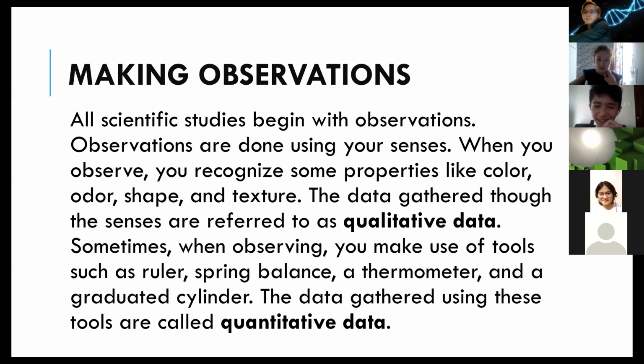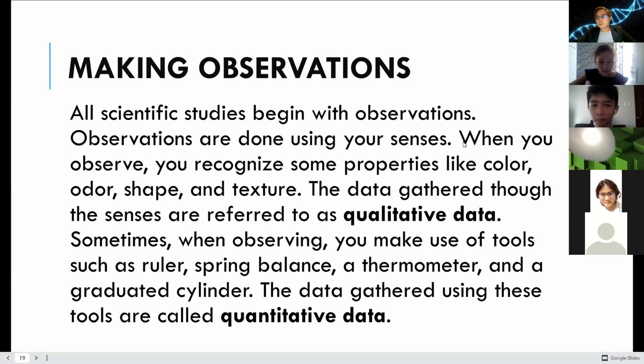My class before did heart dissection, so this is their output. That is one way of making observations. You tend to observe the fluid, what is inside, and all of those.